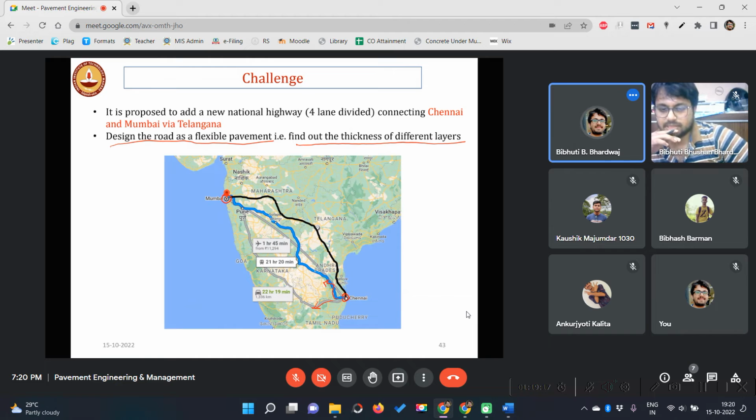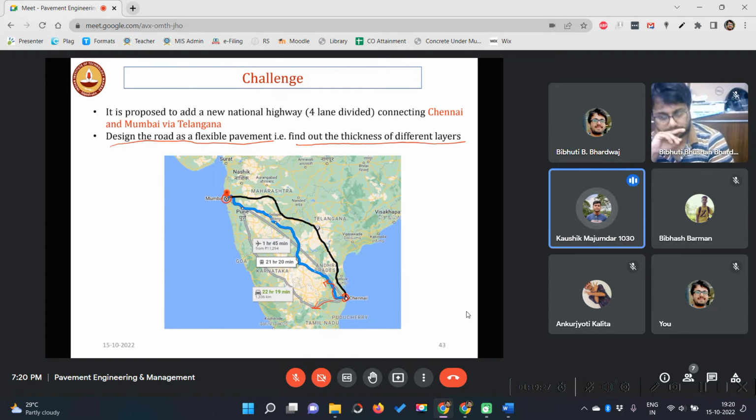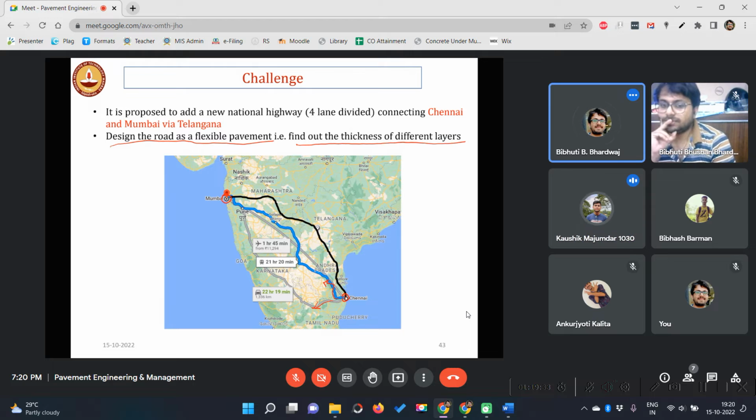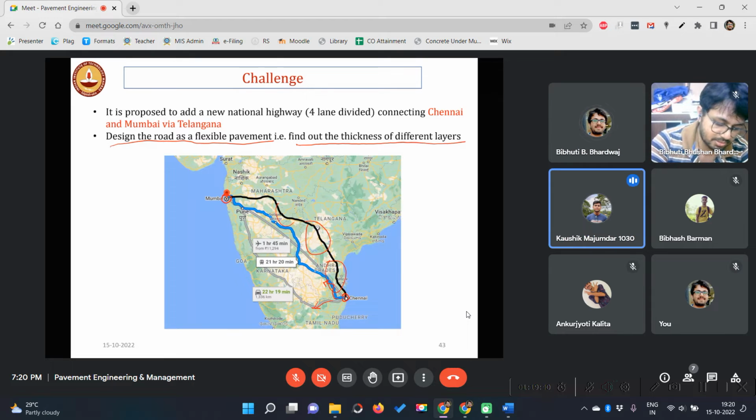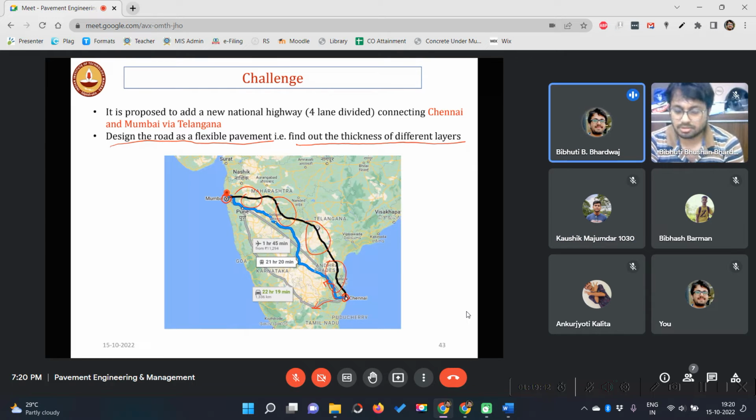What will be your first step? From all the things that you have learned till now. Sir, determining the strength of the subgrade first. Yes, good. So how will you do that? Sir, by using CBR values. CBR values. Do you think CBR will be same everywhere? No, sir.